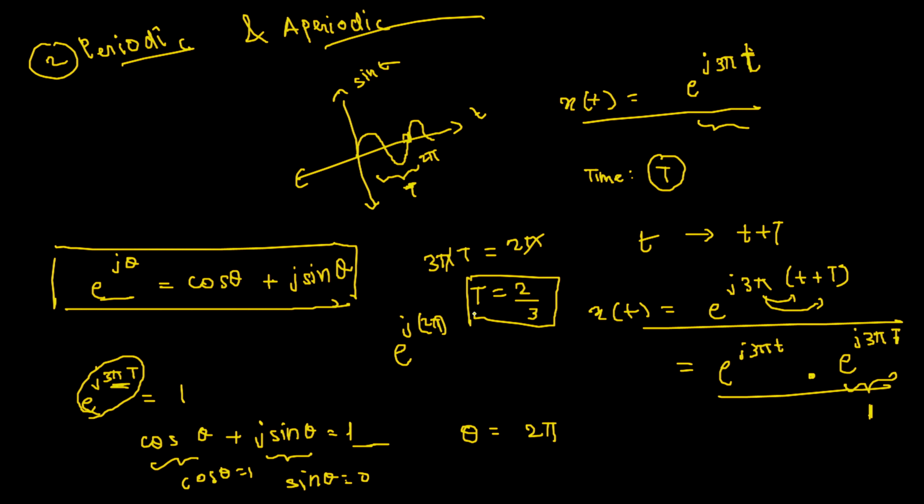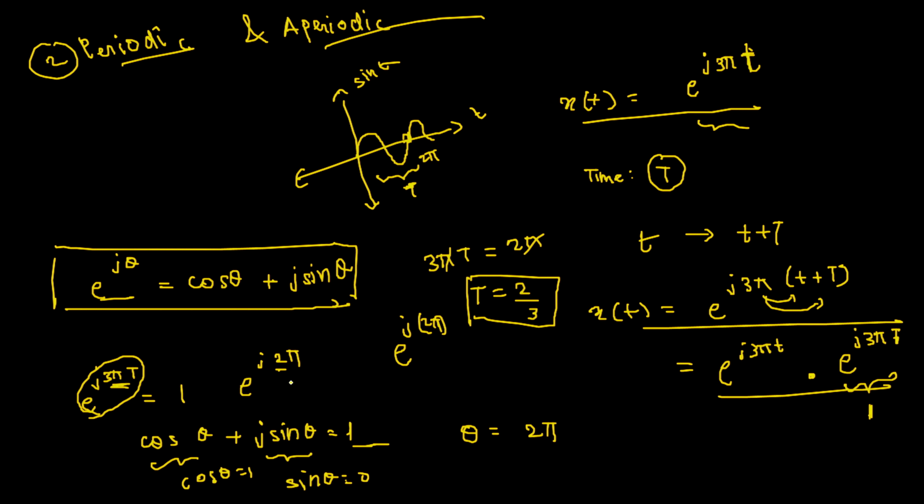So let me just go through that again. What we did is we actually expressed e to the power j 3t in the trigonometric form, which is cos theta plus j sin theta. We just found out what the power of j should actually be for it to be 1, and we came up with the conclusion that only e to the power j 2 pi will give us 1, right?